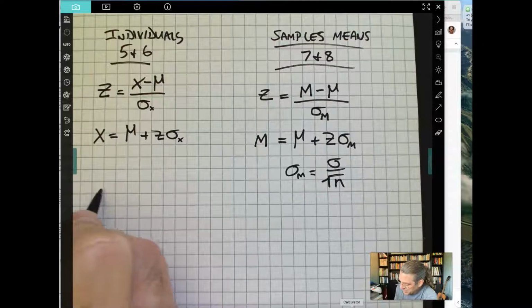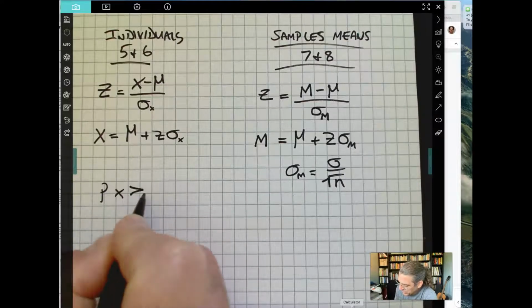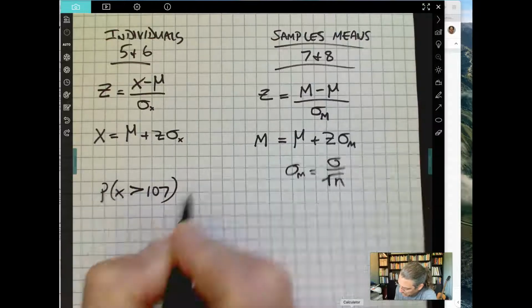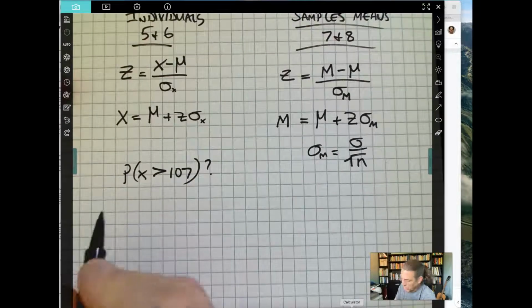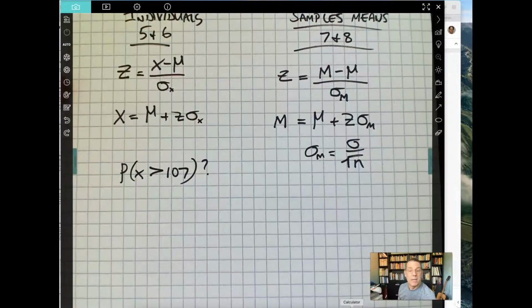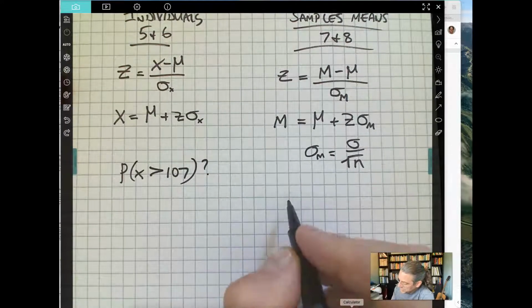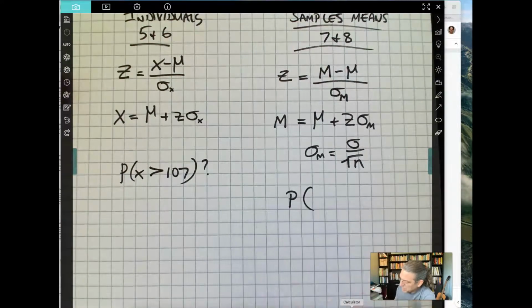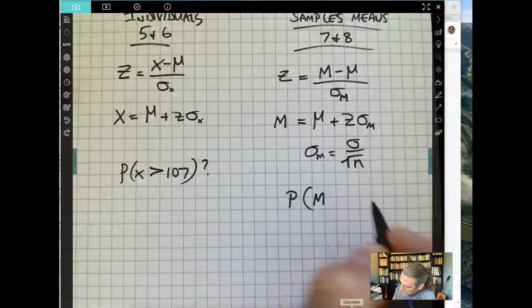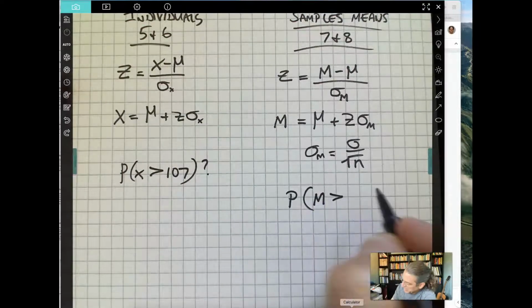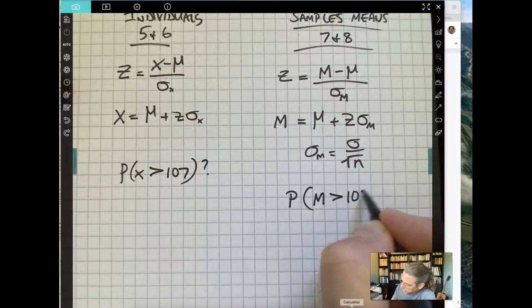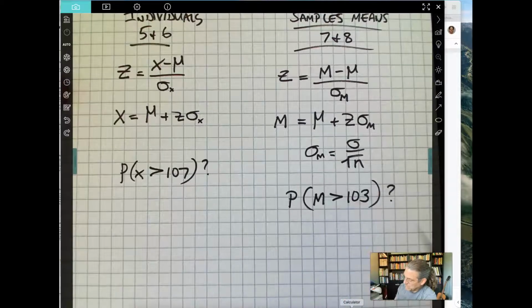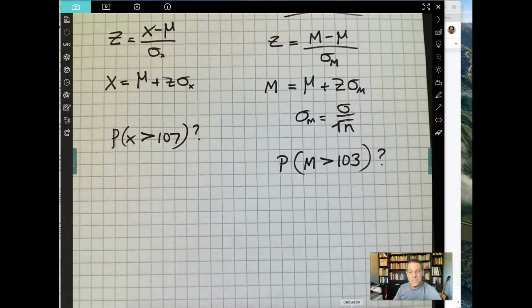So it'd be something like probability of an X greater than 107, right? So that might be a question from chapter 6. From chapter 7, it would be, what's the probability of a sample mean greater than, and I'm just going to make it 103? So same kind of idea.